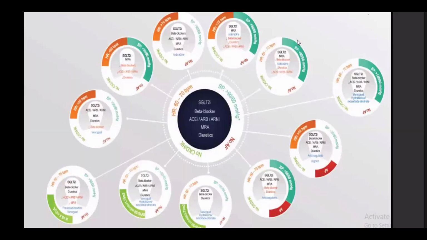Similarly, regarding the blood pressure, whatever the blood pressure is, there is always a margin for SGLT2 inhibitors. So the SGLT2 inhibitor is always a top choice that you can write on your prescription pad for your patients. This is a very good thing for your patients.